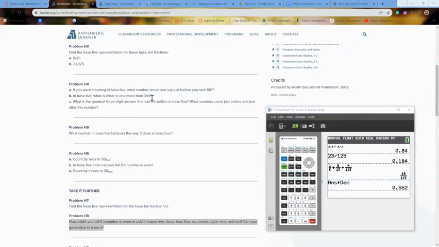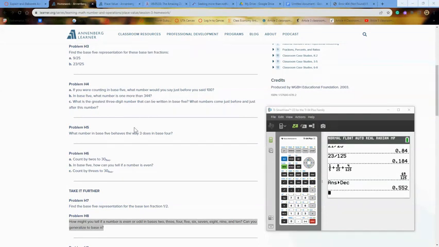In base 5, how can you tell if a number is even? So if a number is even, it would end in either 0, 2, or 4. Count by 3s to 30 in base 5. So that would look like this: 0, 3, 10, 13, 20, 23, and then you would get to 30.